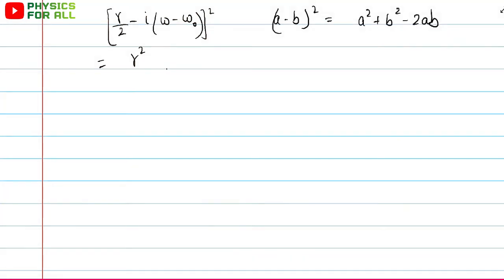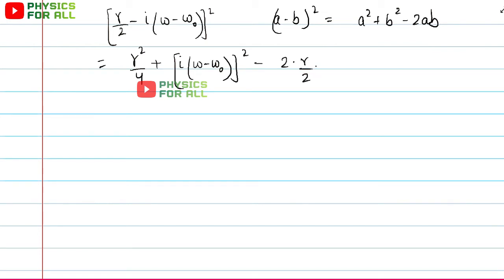Let's write it down. Our term was (gamma by 2 minus iota (omega minus omega naught)) whole square. On squaring, this is (a minus b) whole square, so it's a square plus b square minus 2ab. So gamma square by 4 plus iota square (omega minus omega naught) whole square minus 2 into gamma by 2 into iota (omega minus omega naught).